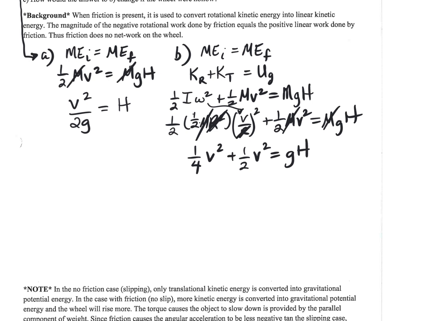So now common denominator says what? This would be 2/4. Do you agree? So 1/4 plus 2/4 is what? 3/4 v squared equals gh. So now this is 3v squared over 4g equals h.